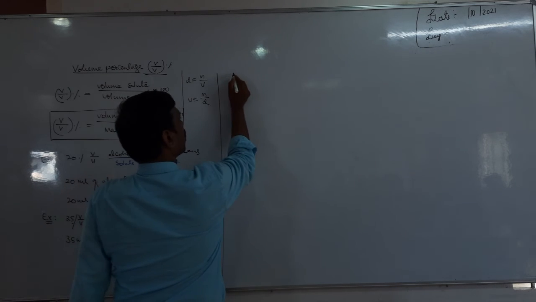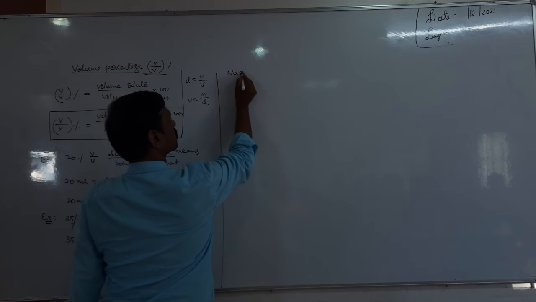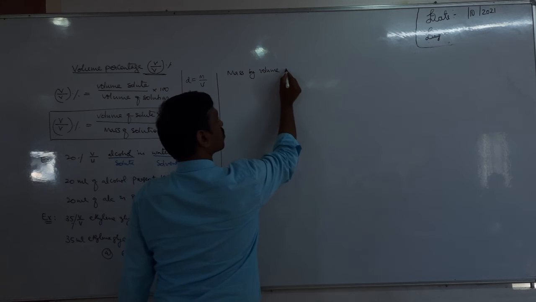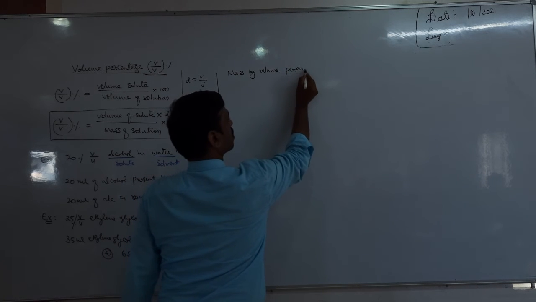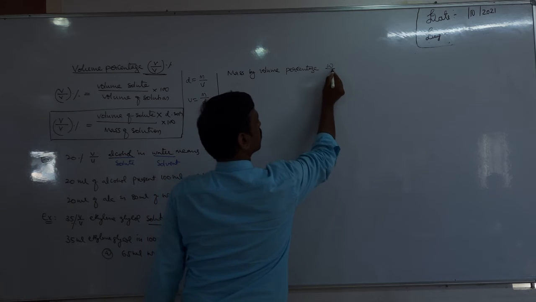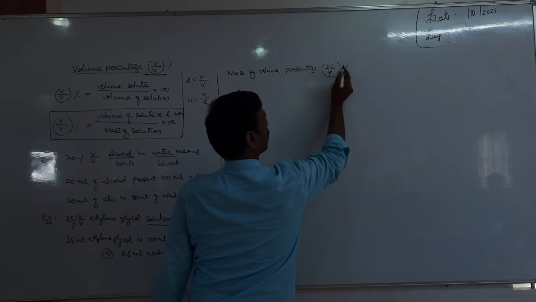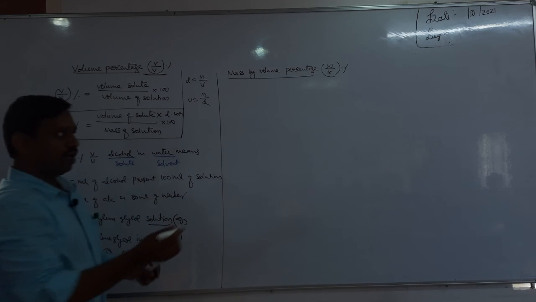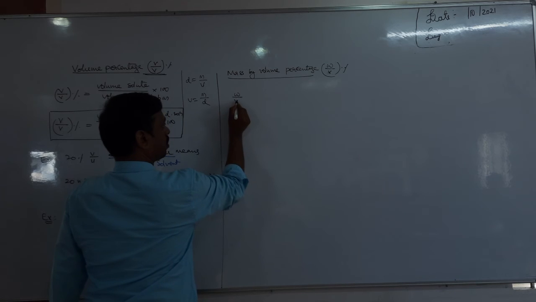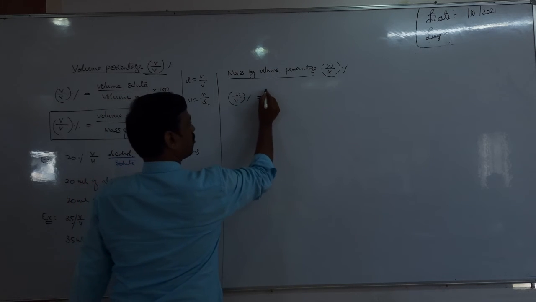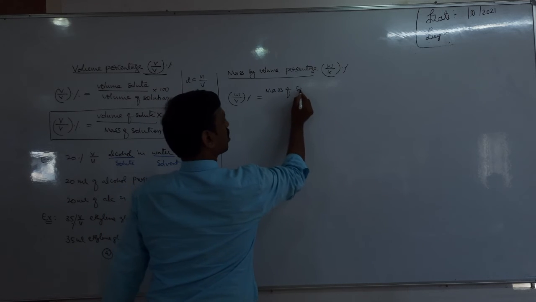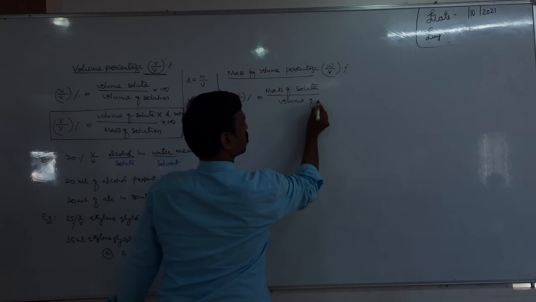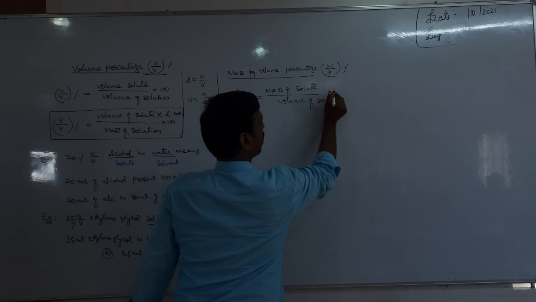Next is mass by volume percentage. Are you following? What is the mass by volume percentage? It is the mass of solute by volume of solution into 100.